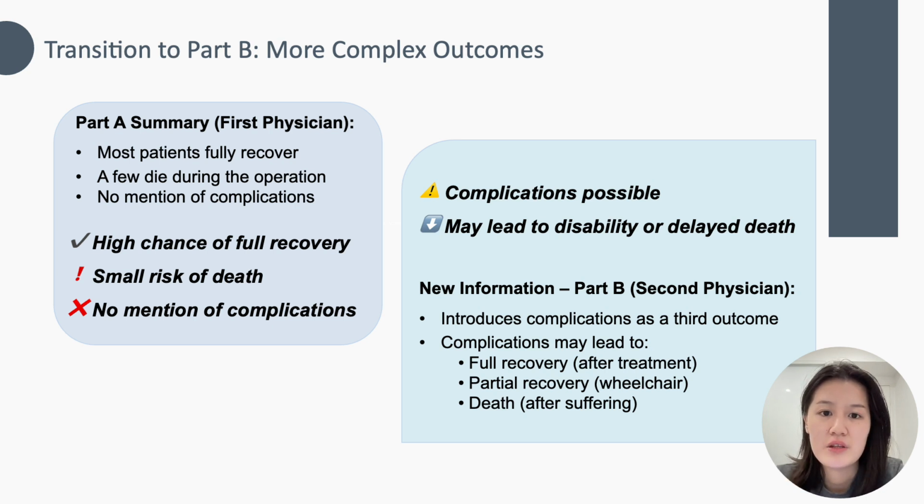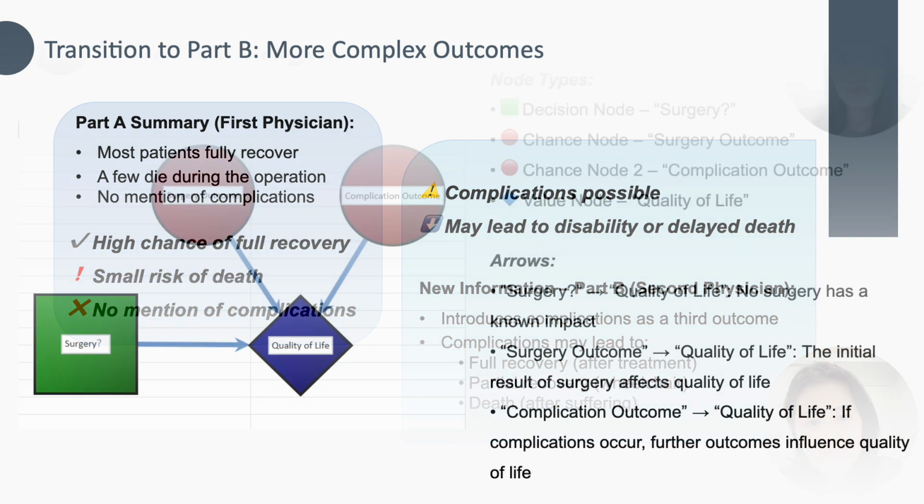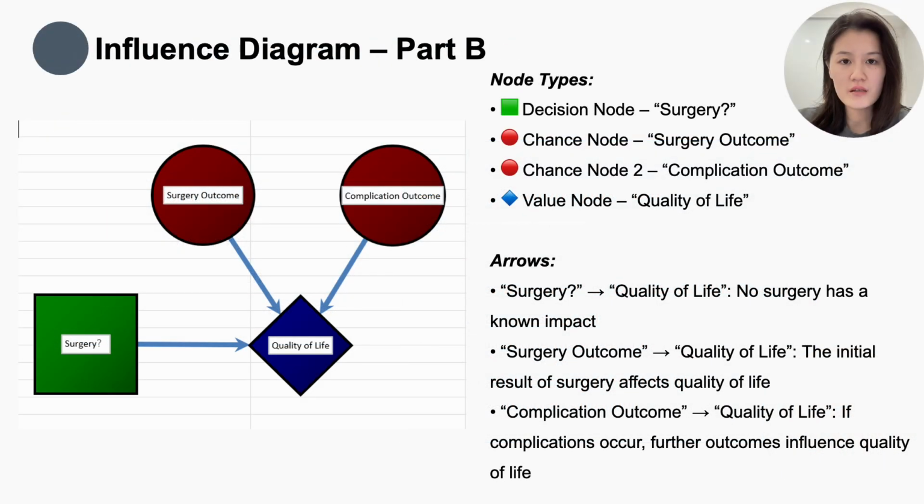So how does this new structure change the influence diagram? Let's take a look. We have two chance nodes now: surgery outcome and complication outcome. The first chance node represents whether the surgery leads to full recovery, death, or complications.